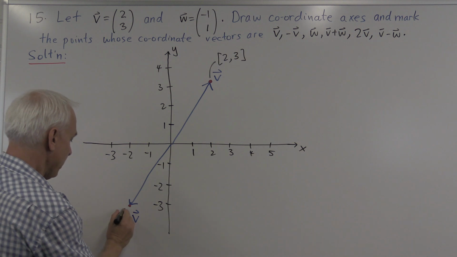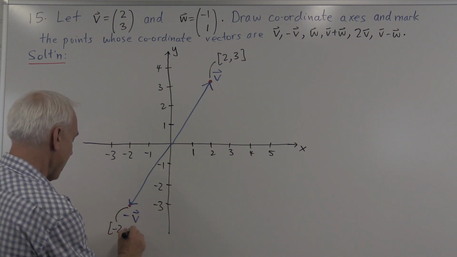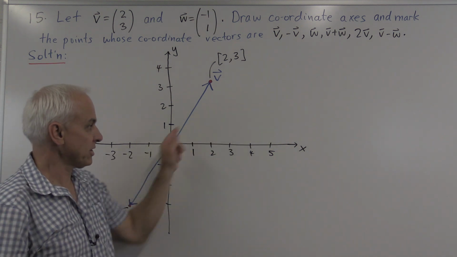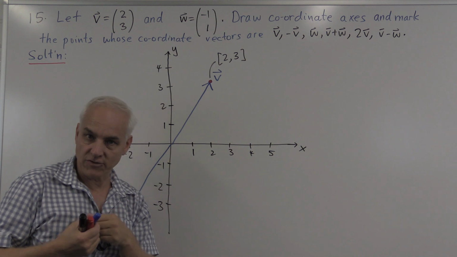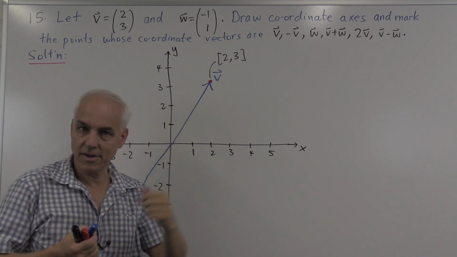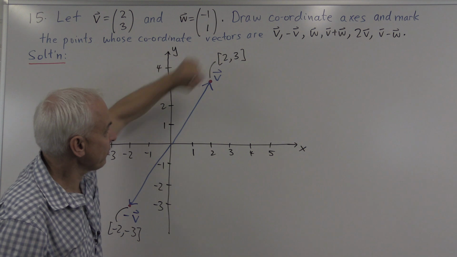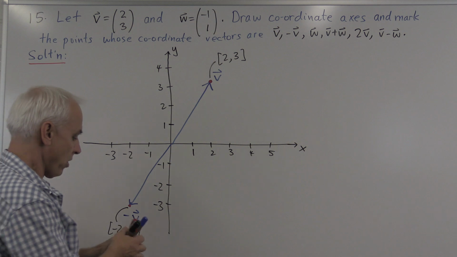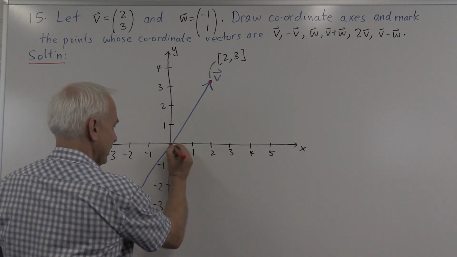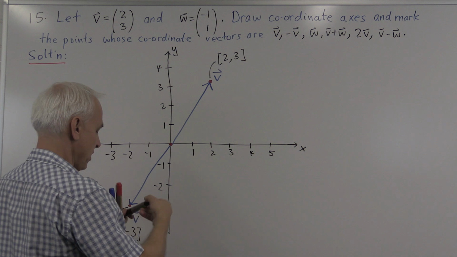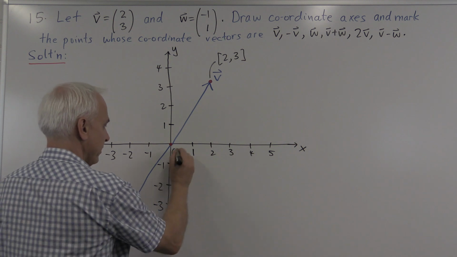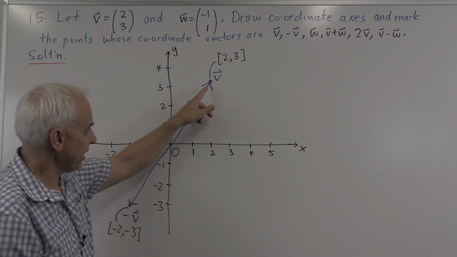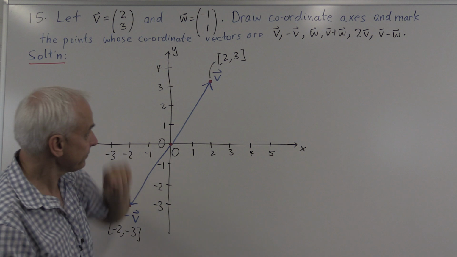And this point here would be the point minus 2, minus 3. Of course, to any point, there's associated the vector that starts from the origin to that point. Okay, so that point 2, 3, we say that its coordinate vector is this one here that starts from the origin, which of course is the point 0, which I often don't label, but it's there. 0, 0 in both directions. Okay, so that vector there is the coordinate vector for that point.